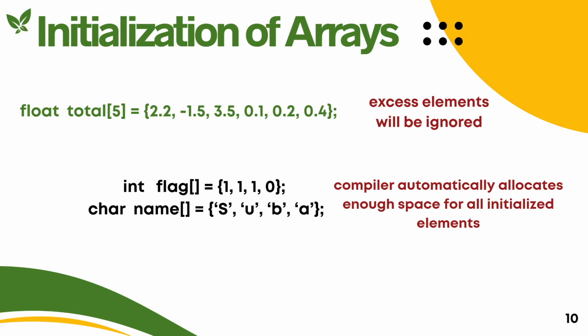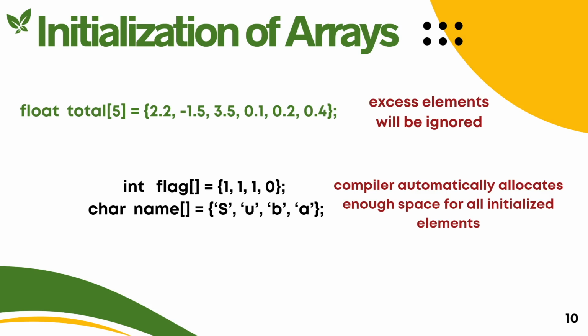And you could see that in the next example, the size is missing. So, it is also possible to initialize arrays without mentioning the size. We can have just the type, the name of the array, and we do not even need to specify the size, but we can straight away proceed with initialization.